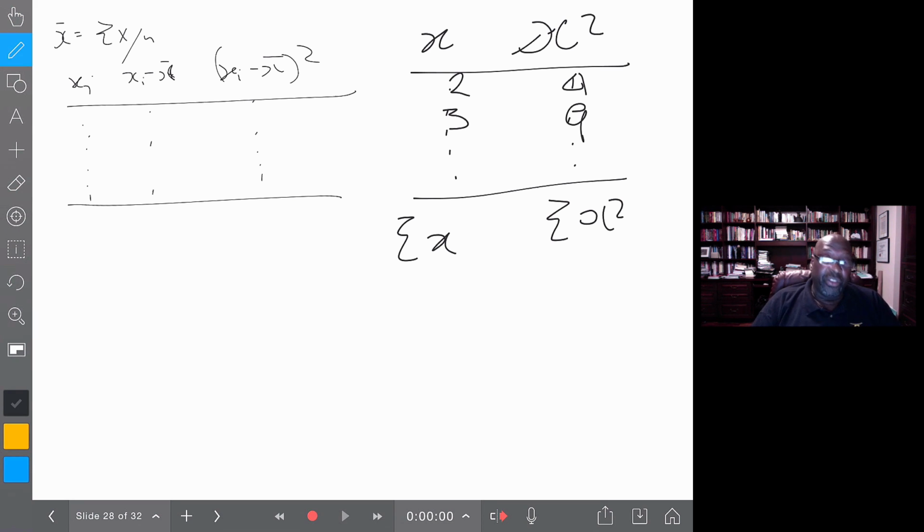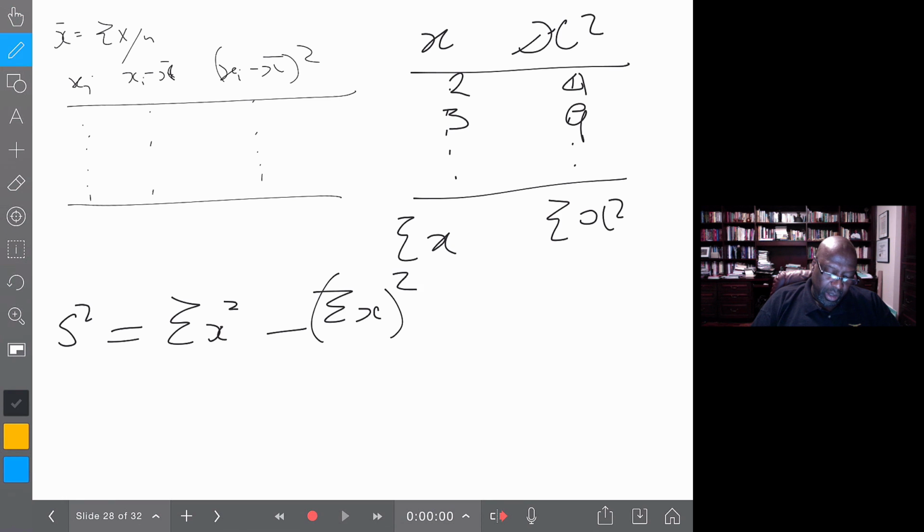Now, it turns out that is what we would use as a formula. So for the sample variance, S squared, remember variance is the square, and then when we take the square root, that's when we have the standard deviation, would be given as follows. The sum of the x squareds minus the sum of the x's, and notice I put it in bracket to separate it from this one, all squared over n, the sample size, divided by n minus 1.